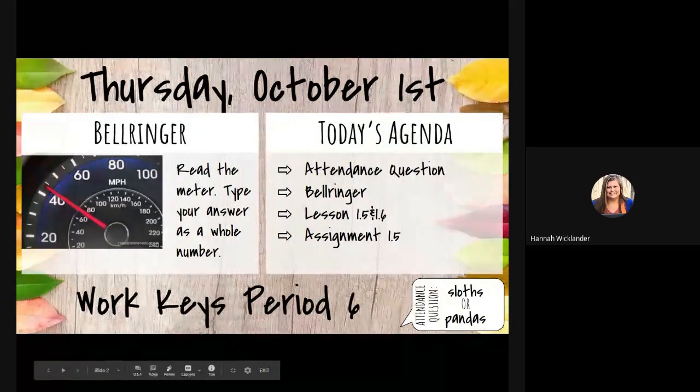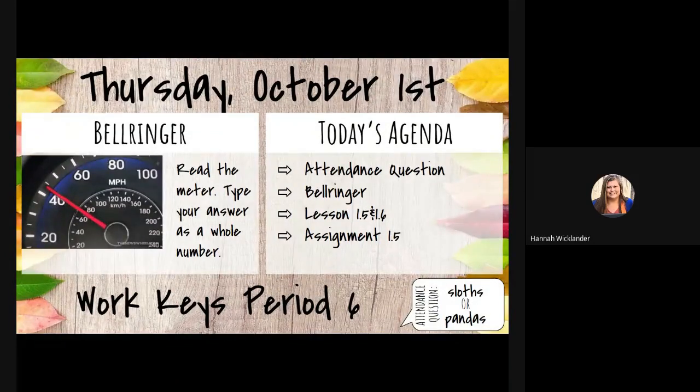So yes, anything between 40 and 45 is correct. I would say it's about 43 to 44. Just looking at it, this is 40 to 60, so halfway would be 50. Halfway between 50 and 40 is 45. So that's how you read that one.